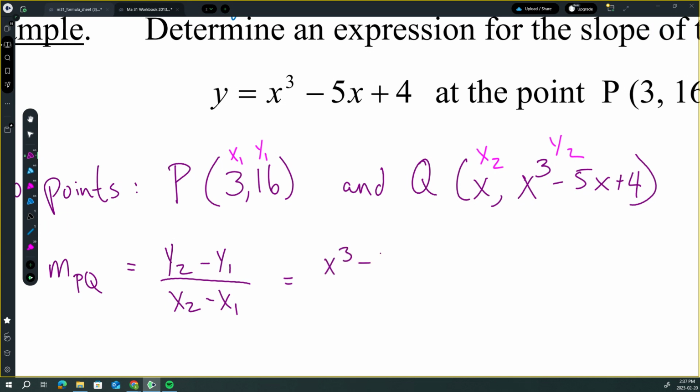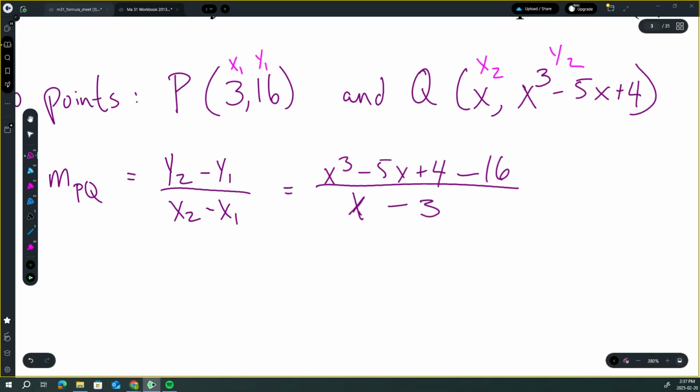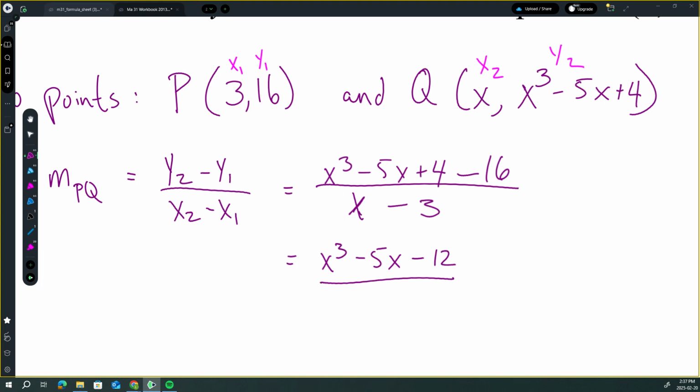So we have x cubed minus 5x plus 4 minus 16, divided by x minus 3. We're going to simplify where we can. x cubed minus 5x, that's going to be minus 12, divided by x minus 3.